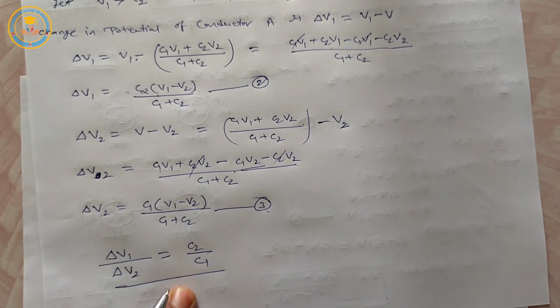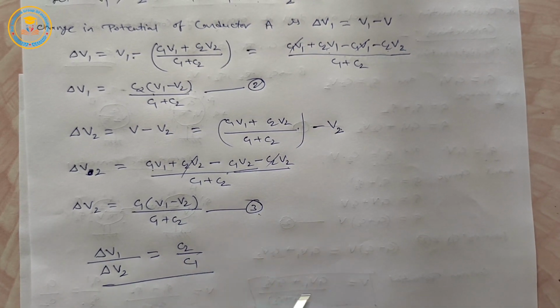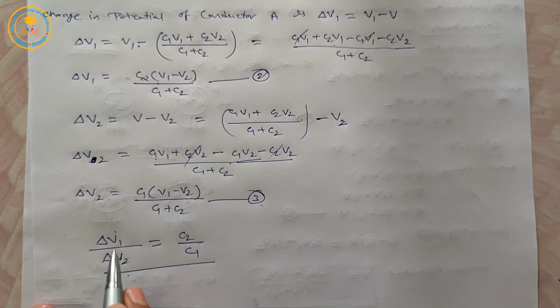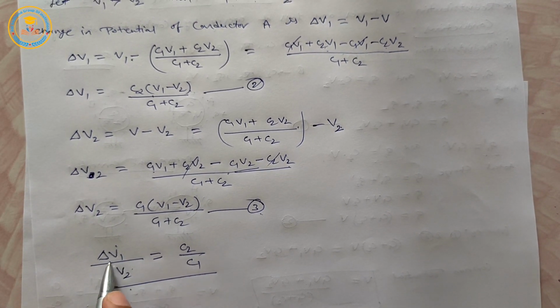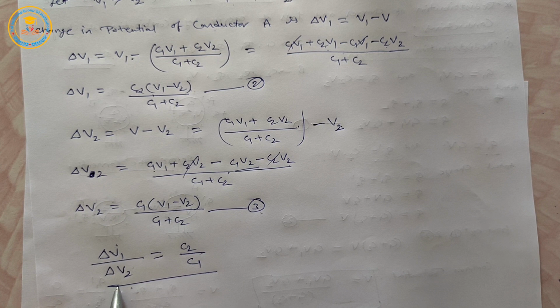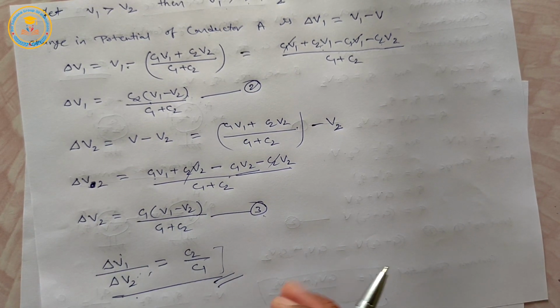From this equation we can say that after the redistribution of charges, the ratio of change in potential of conductors is equal to the reciprocal of the ratio of their capacitance. Okay, this is another important expression.